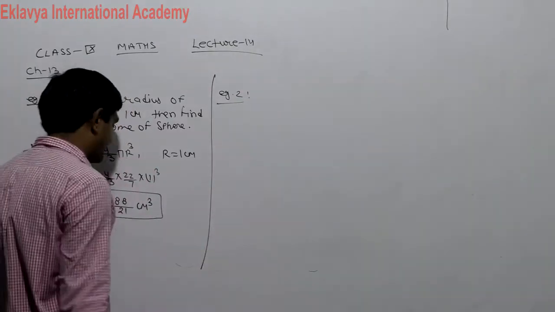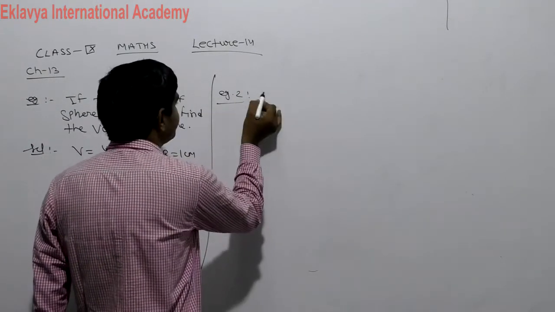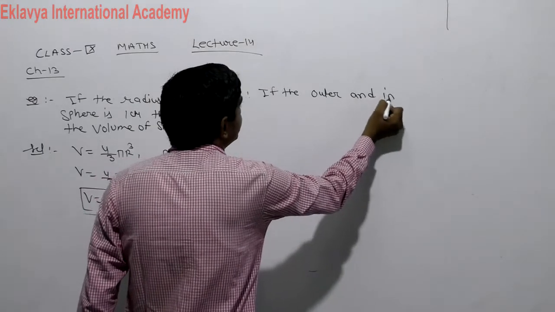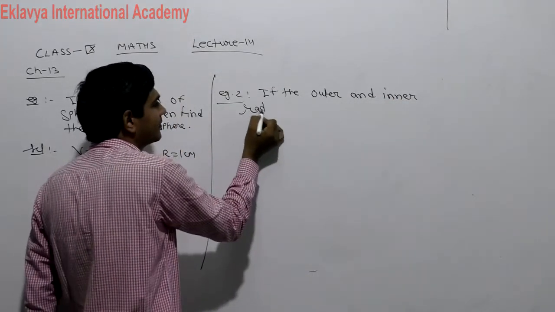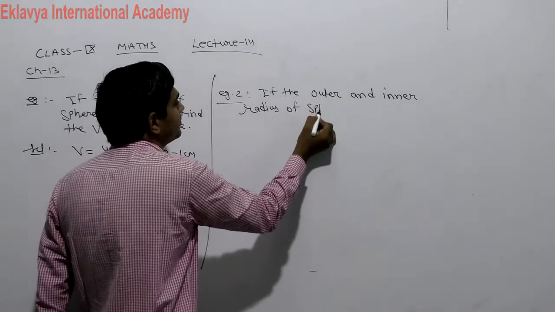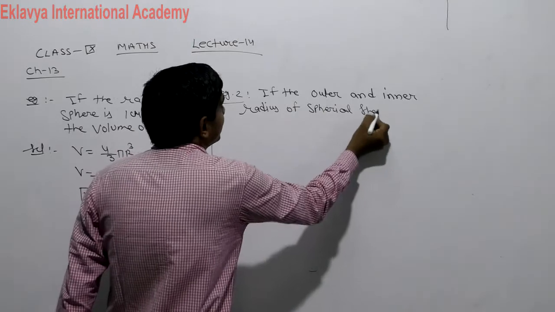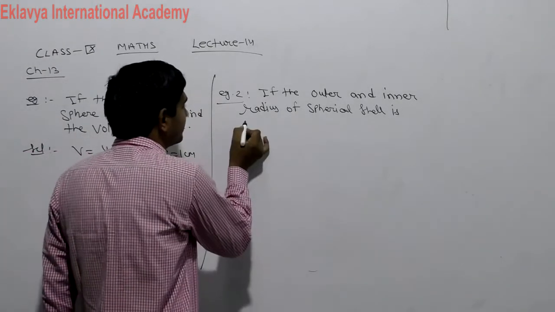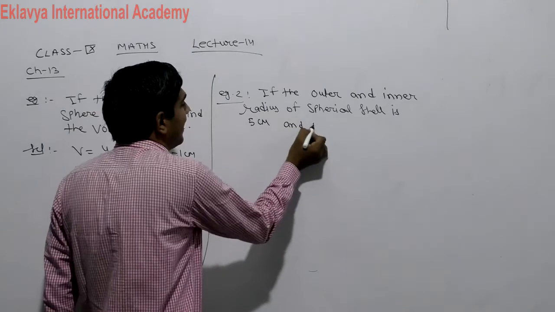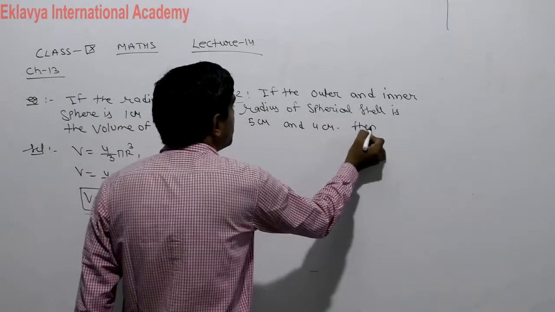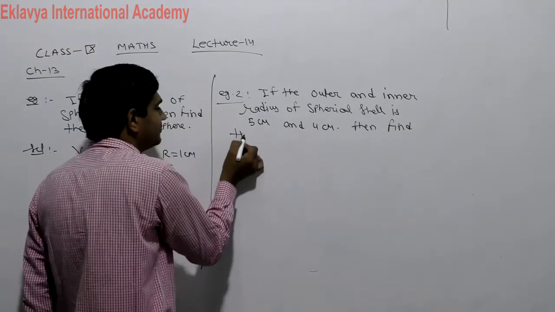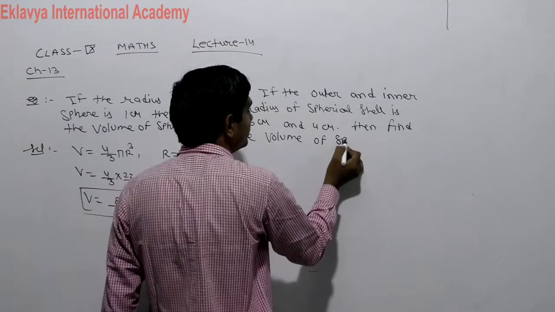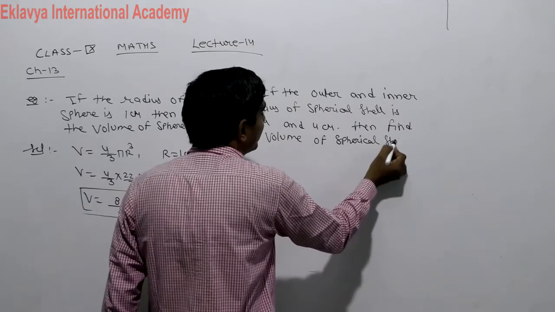Example number second. In example number second, it is given to you that if the outer and inner radius of a spherical shell is 5 centimeter and 4 centimeter, then find the volume of the spherical shell.